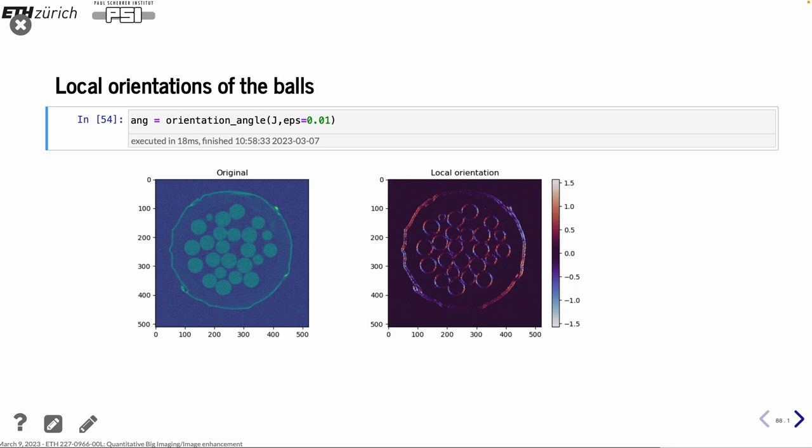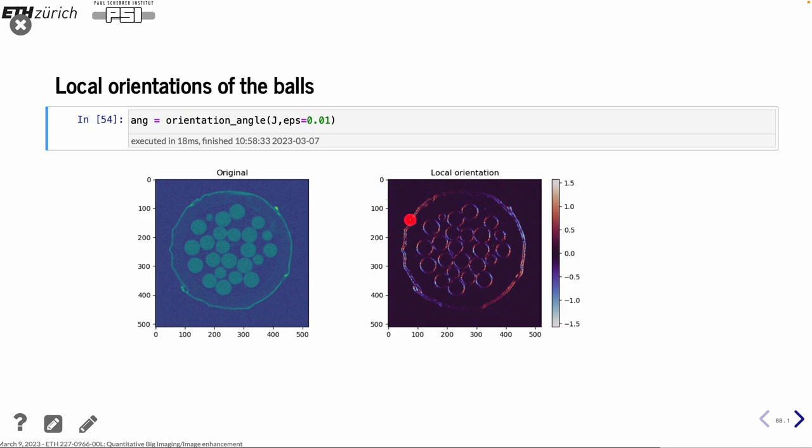The next thing is to look at the orientation, and I actually don't show it here, but okay. It's the arctangent between, let's see, the sum of the 11 and 22 over the 21 and 21 squared, I think it was.